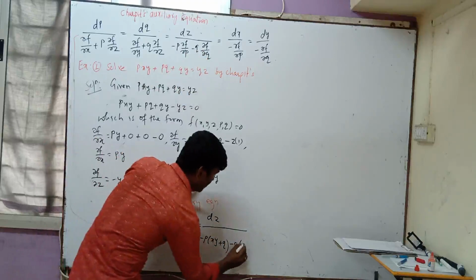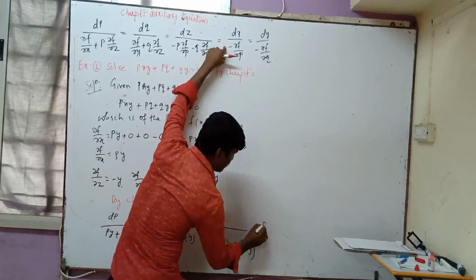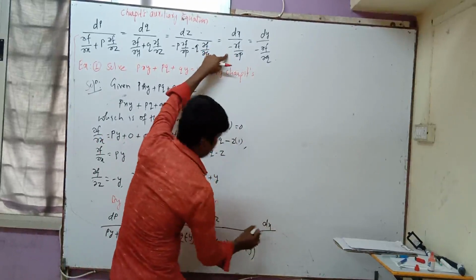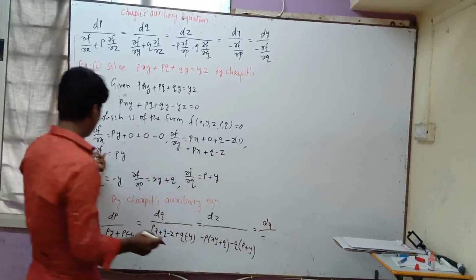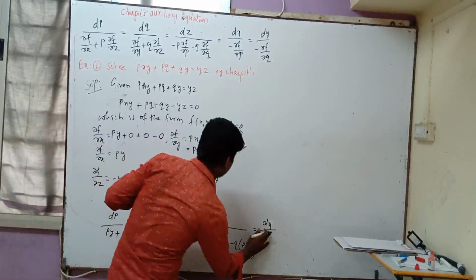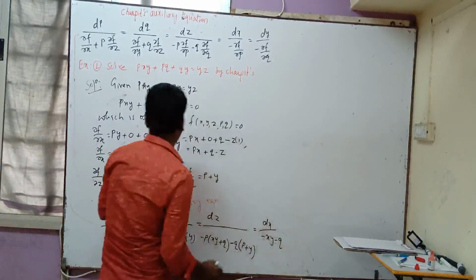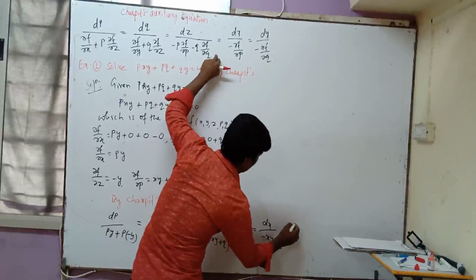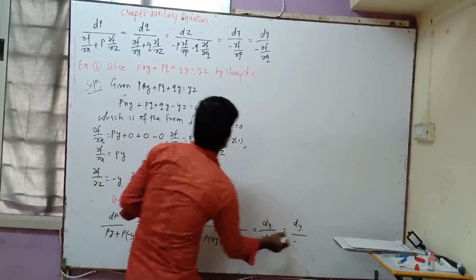It is here, p plus y. This is equal to the next auxiliary equation, dx divided by minus ∂f/∂p. Where is ∂f/∂p? ∂f/∂p is here, that is minus of xy plus q, and this is equal to dy divided by the last one, minus ∂f/∂q.